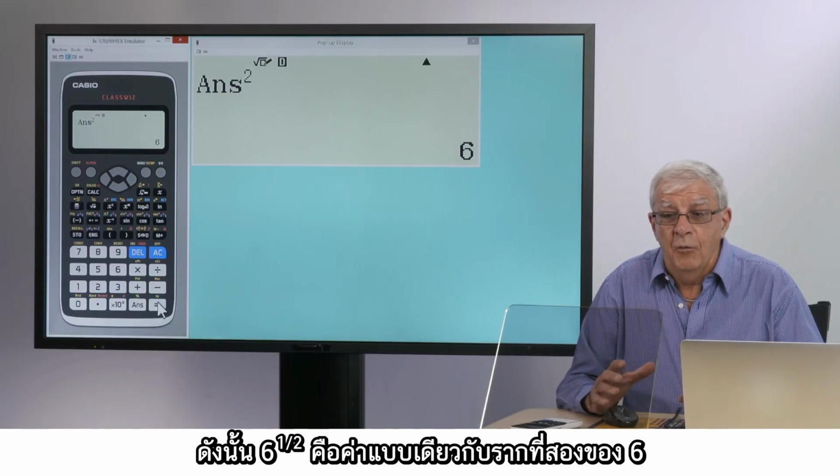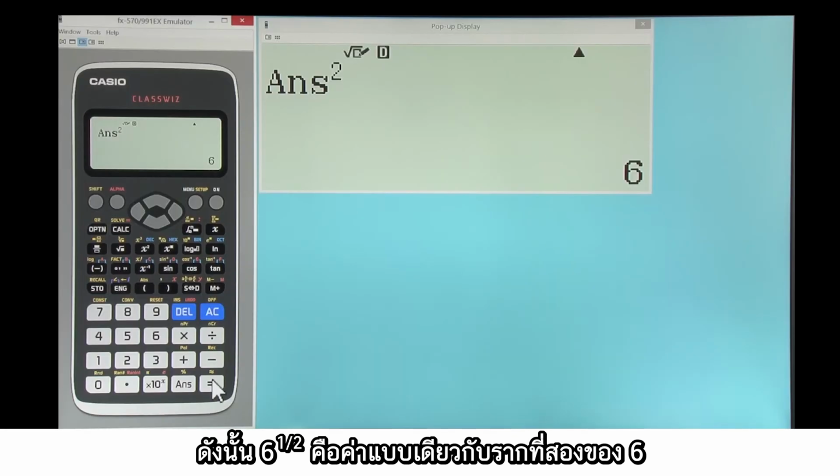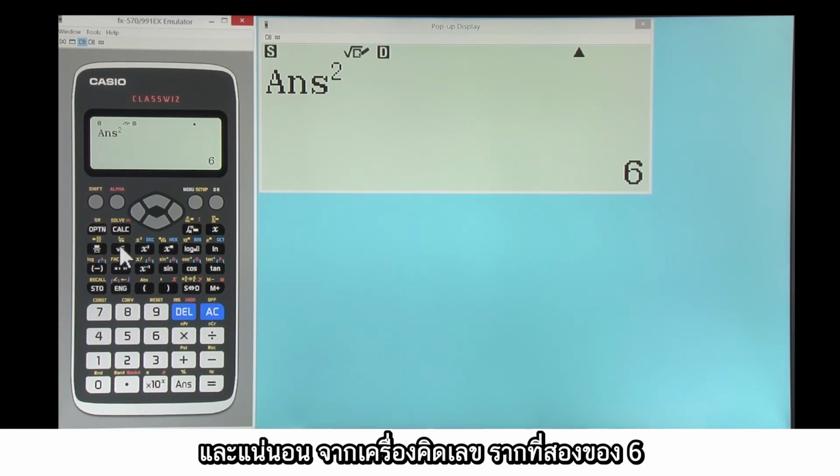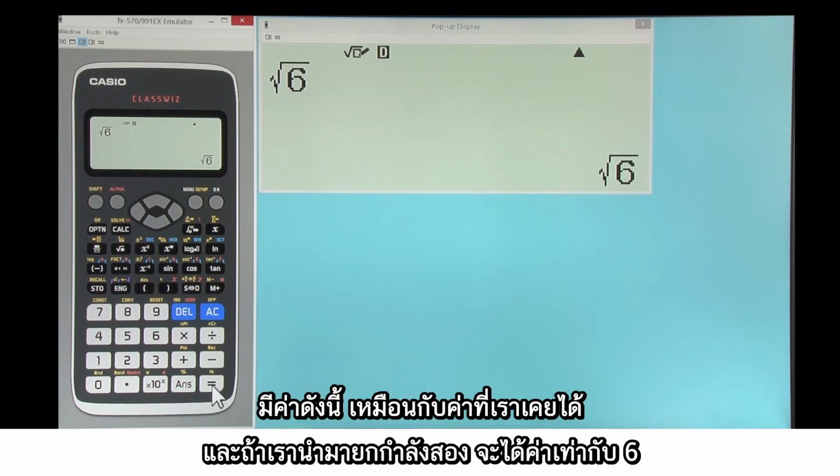So that 6 to the power 1/2 is the same thing as the square root of 6. And indeed on the calculator, the square root of 6 is shown here. It's the same as we had before, and if we square that result, we get 6.